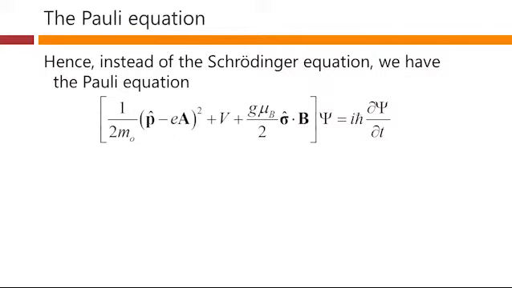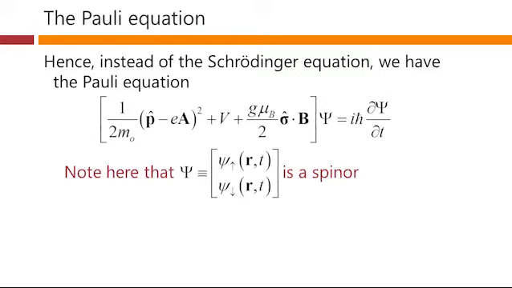This term handles all of the effects of the magnetic field on the ordinary motion of the charged electron particle. And this one handles the effect of the magnetic field on the spin. So this is like our Schrödinger equation. We've substituted in p minus eA instead of the momentum operator, and we've added this term here in to handle the spin. Now, note that this psi is actually a spinor.